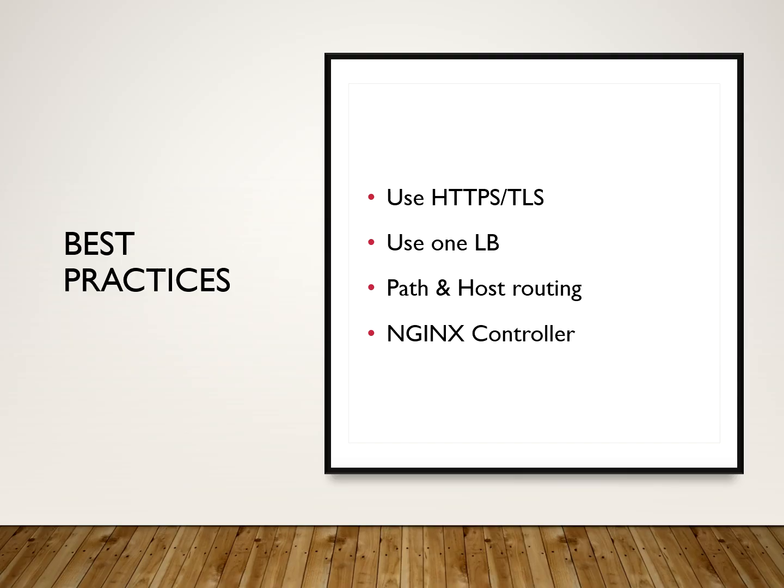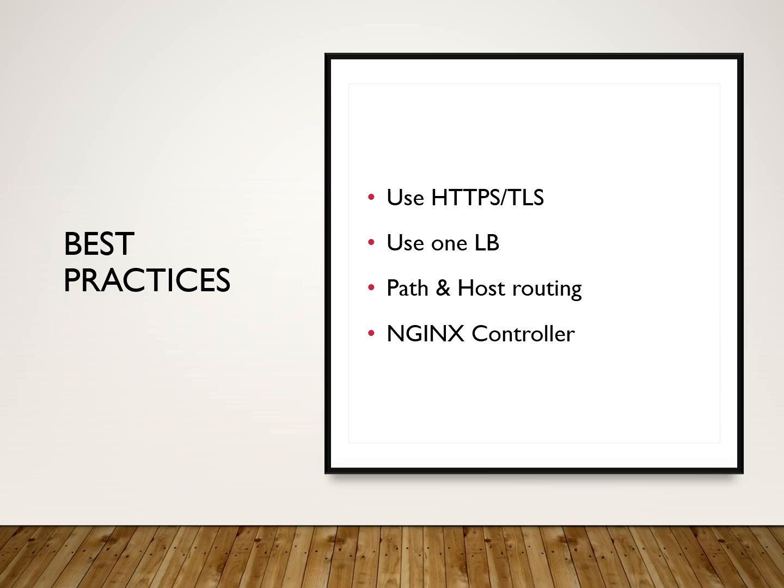A few of the best practices that we can remember are: we need to use HTTPS whenever possible, TLS certificates have to be configured, and always prefer a single load balancer in case we have multiple applications. Use meaningful host names and paths.